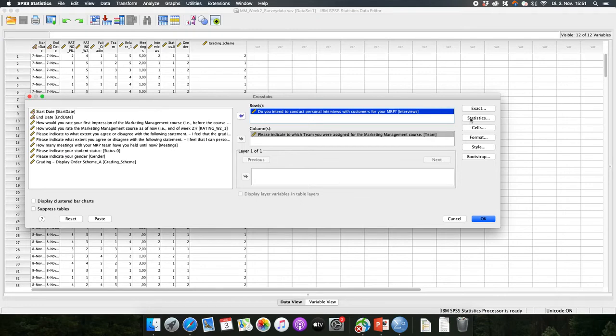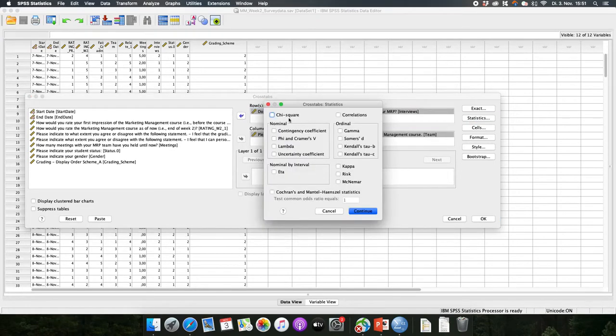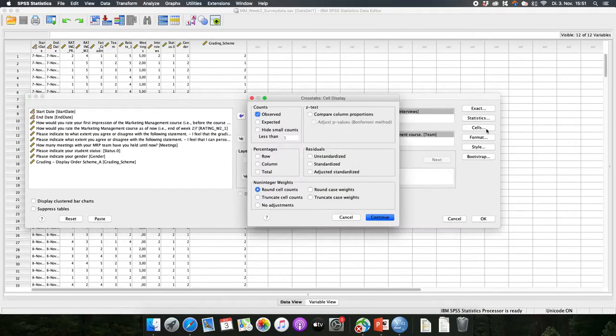Then it's important that you go to Statistics and specifically request the chi-square statistic, and then that you go to Cells and include not just the observed, but as I previously showed, also the expected. This is the distribution if there were no relationship, so that we can compare these 2.